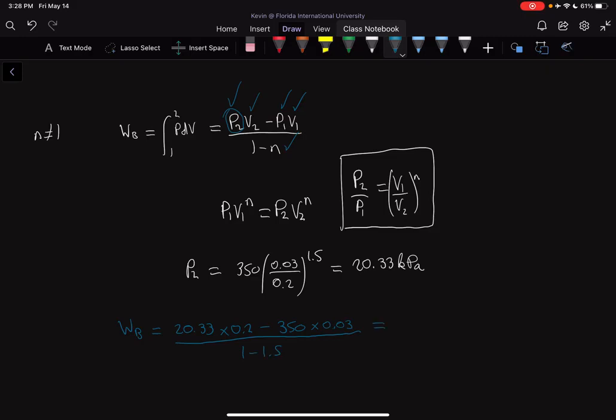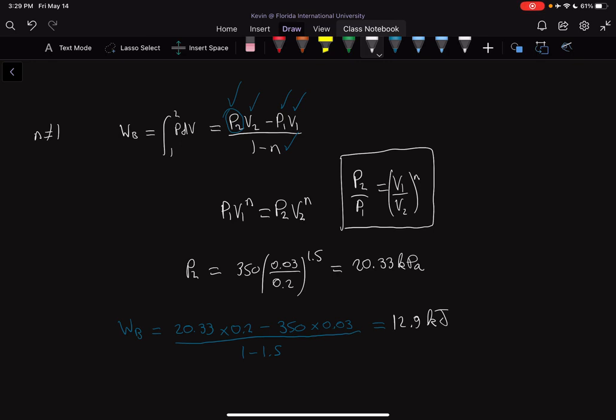Okay, and we get a value of 12.9 kilojoules. And again, the answer is in kilojoules because we're using kilopascals for pressure. If you use pascals for pressure, your answer is in joules. If you use kilopascals, which is usually the preferred method, you would get kilojoules.